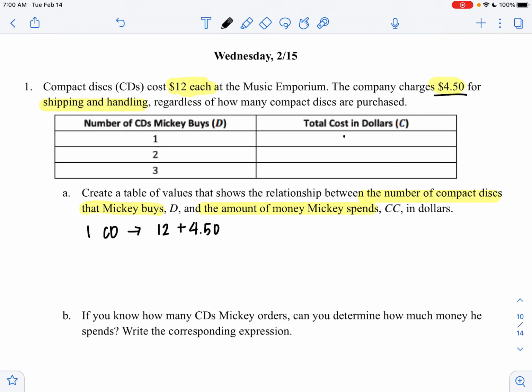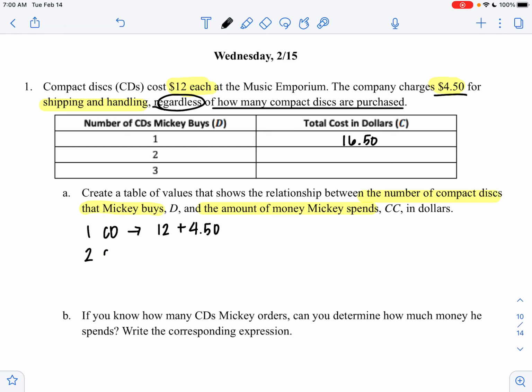And so that's going to give me a total cost of $16.50. Now, you might be thinking, well, I can just double that for 2 CDs. But there's a small detail in the problem that's important. The company charges $4.50 for shipping, regardless of how many compact discs are purchased. That means that if you bought 100 CDs, the shipping would still cost $4.50.